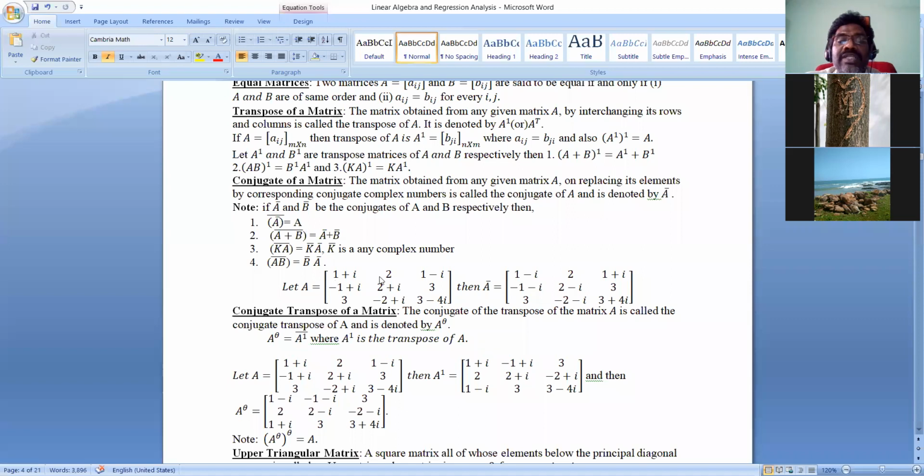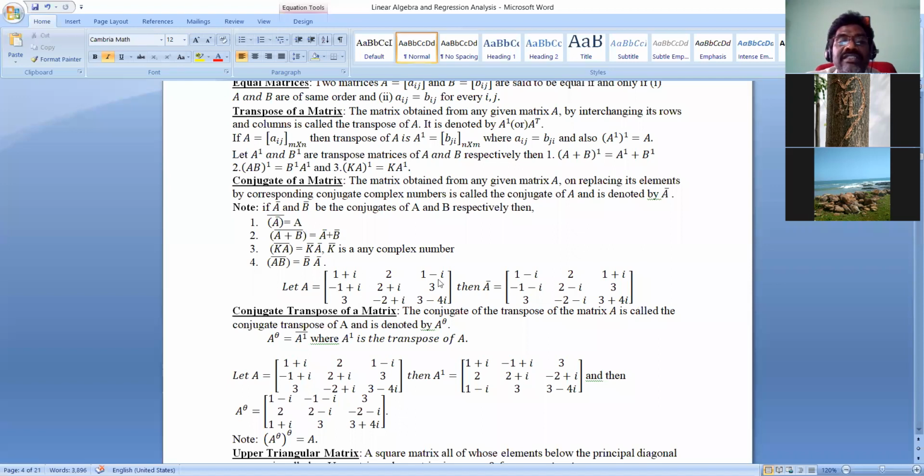So A equals 1 plus i, 2, 1 minus i, minus 1 plus i, 2 plus i, 3, 3, minus 2 plus i, 3 minus 4i. The conjugate of 1 plus i is 1 minus i, the conjugate of 2 is 2 because 2 is a real number, the conjugate of 1 minus i is 1 plus i, the conjugate of minus 1 plus i is minus 1 minus i, the conjugate of 2 plus i is 2 minus i, the conjugate of 3 is 3 because 3 is a real number, the conjugate of minus 2 plus i is minus 2 minus i, and the conjugate of 3 minus 4i is 3 plus 4i.